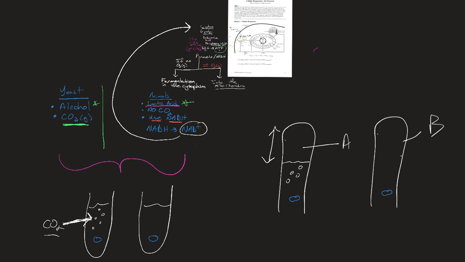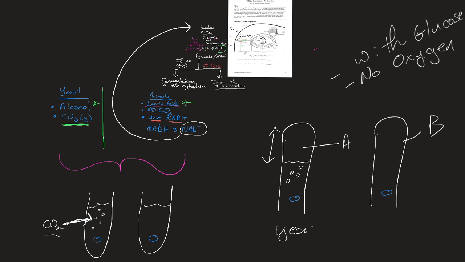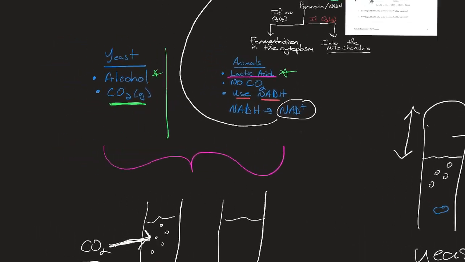If there's no oxygen present, with glucose, which one is the yeast cell? What would be yeast here and animal here? Why? Because animal cells do lactic acid, where CO2 is produced by yeast. So that's the kind of thing that they like to ask.